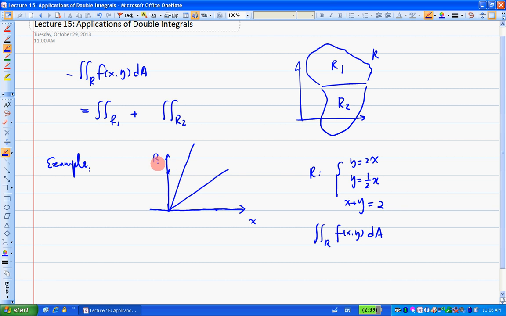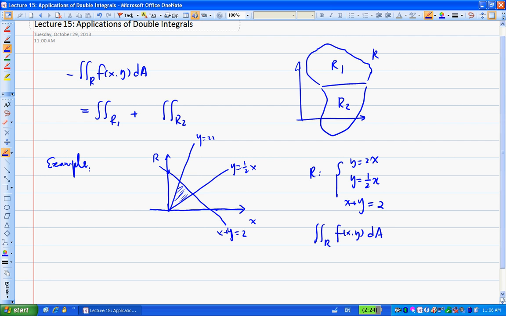So here are y = 2x, y = 1/2 x, and x + y = 2. That's three lines, and the region R right here is this portion, a triangle.